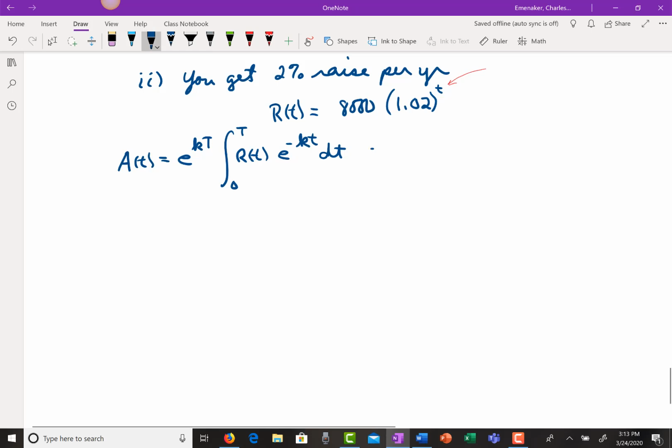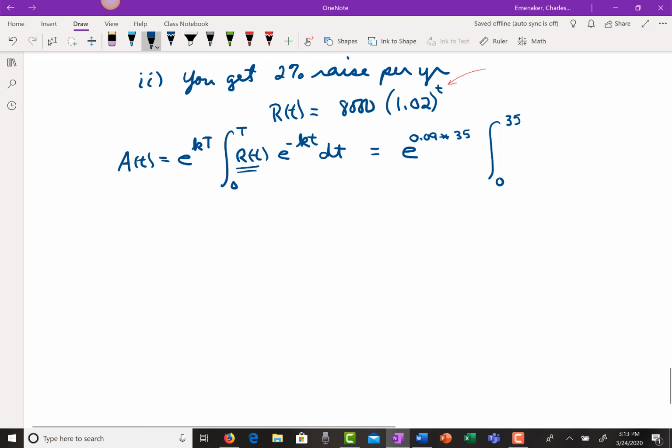Okay, so let's start plugging things in. We're going to have e. k is the interest rate, 0.095. Capital T is how many years you plan on working, 35. The integral is going to go from 0 to capital T, 35.